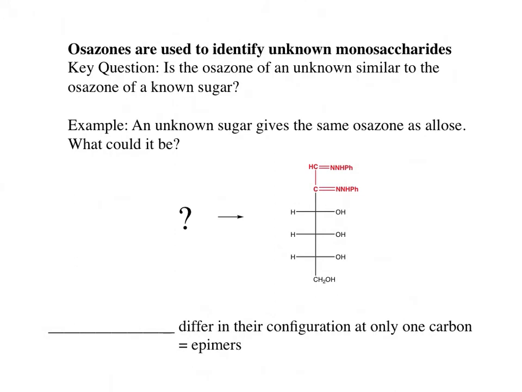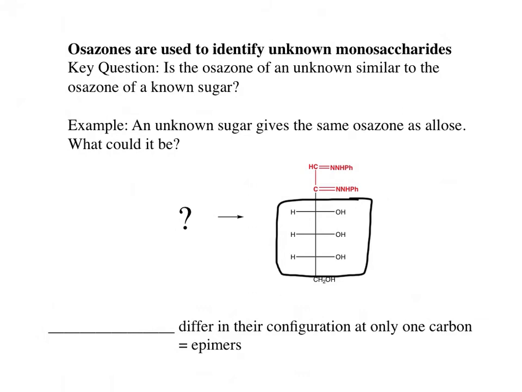An unknown sugar gives the same osazone as allose. What could it be? Well, same osazone as allose means the unknown sugar has a bottom that looks like that, right? If I have the same osazone as allose, the bottom has to look like that, because that's the same osazone allose would give.